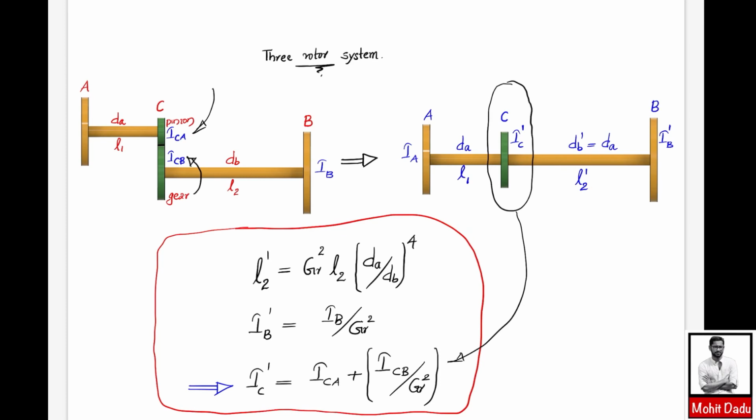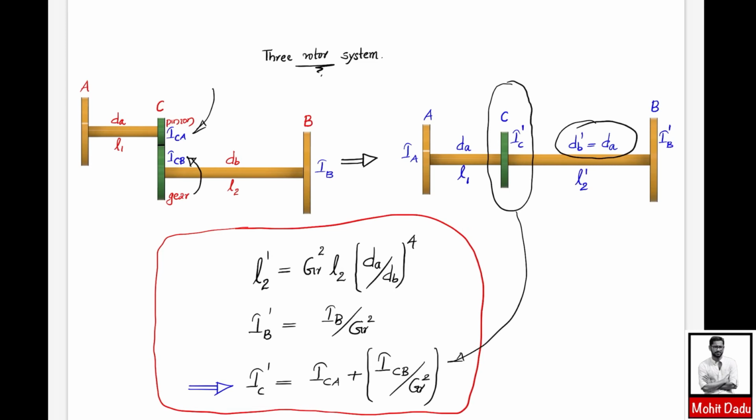So this is to be used when you are converting the geared system into a three rotor system. So here L2 dash, I_B dash and I_C dash are coming, but d_B dash is same as d_A diameter, so that you are using the same diameter throughout the entire length within the three rotor system.